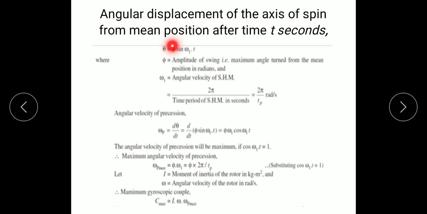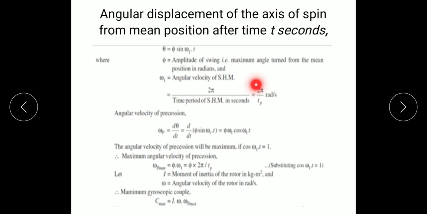Here phi is the amplitude of swinging, that is, the maximum angle turned from the mean position in radians.